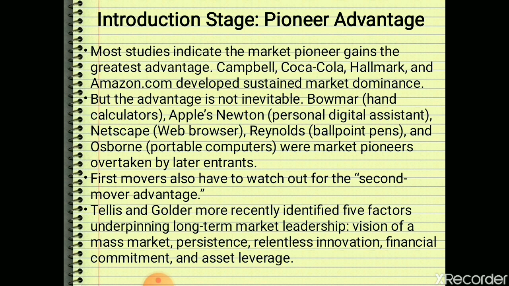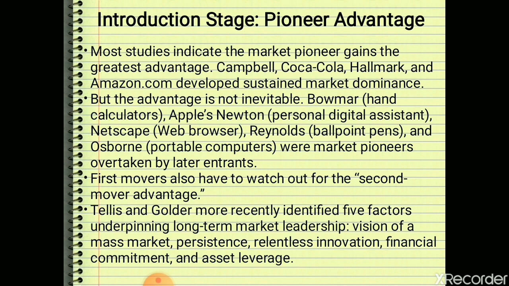So we will start with the introduction stage. The introduction stage is the first stage, right? Many products are introduced for the first time in the market. The time of entry may be first entry, parallel entry or late entry.